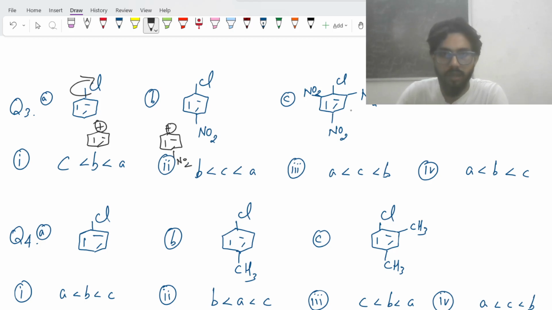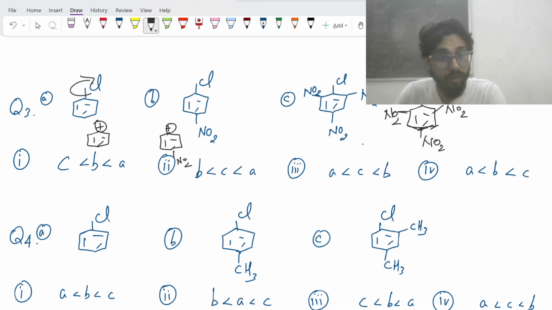Here we again have this kind of thing, a positive charge, and we have 3 nitro groups, right? Here we have a nitro group, here a nitro group, and here a nitro group. Okay, ortho-para directing. So which one is more stable?